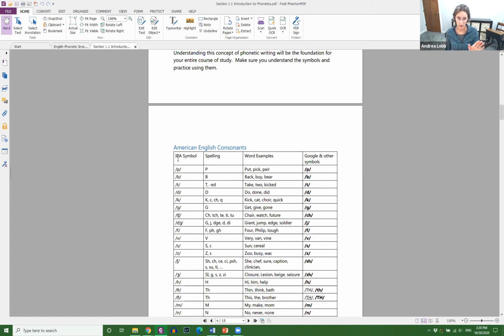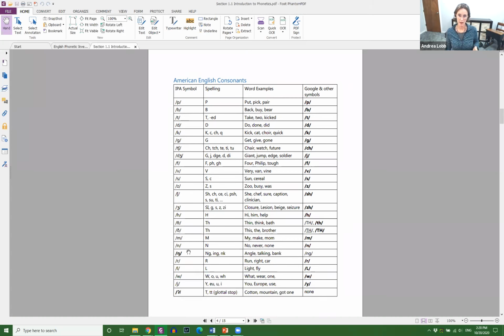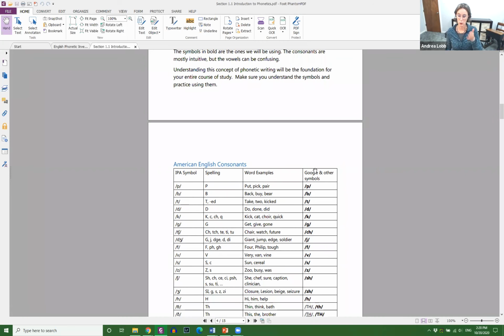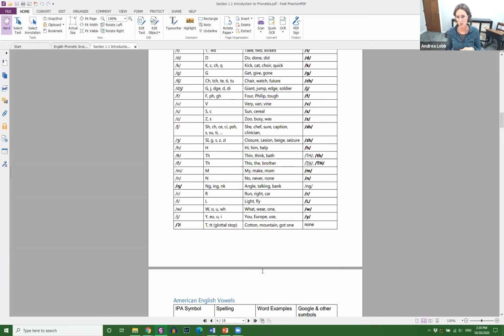If you're looking at a resource that uses the International Phonetic Alphabet, you'll have that written down this side. And if you're using Google Dictionary for a reference, you can see how these two match up and have some word examples for what that might be if you're not sure what the vowel or the sound is. And I like this spelling little cheat sheet here too.